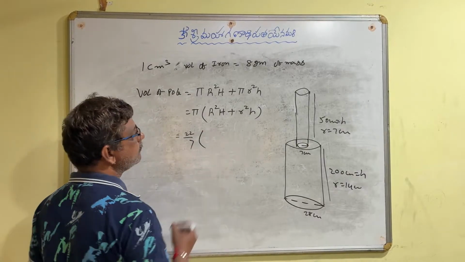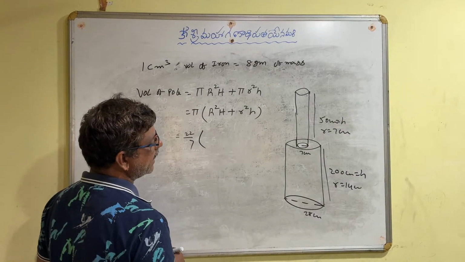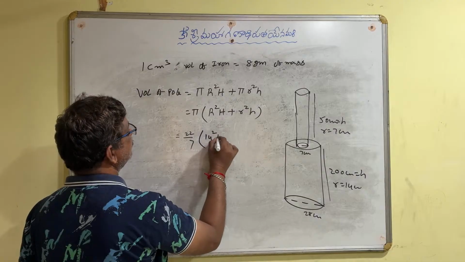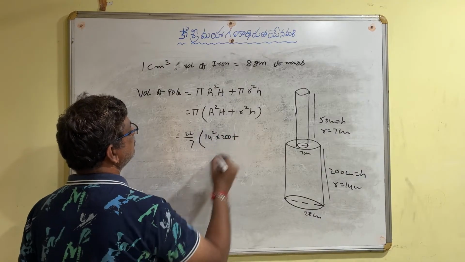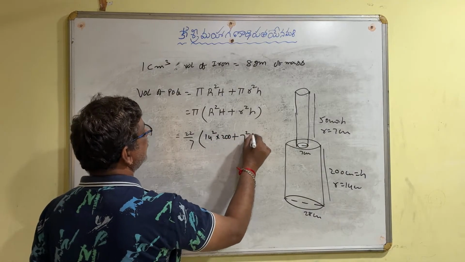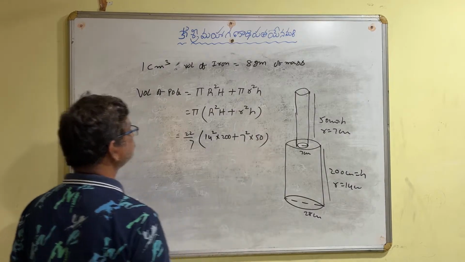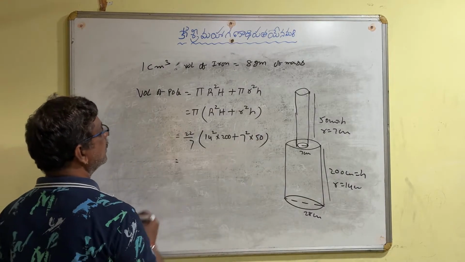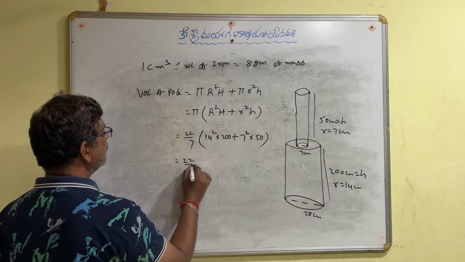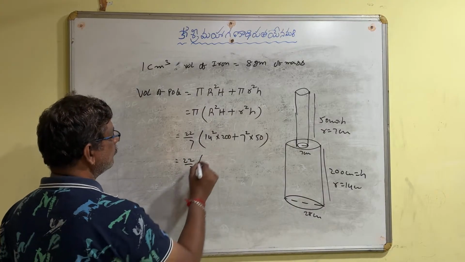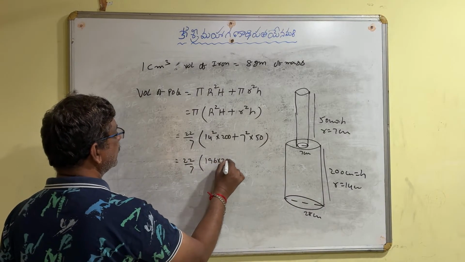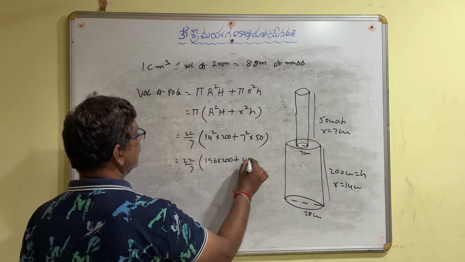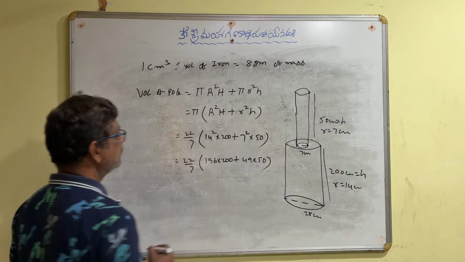Into R square, that is 14 square into 200 plus 7 square into 50. 22 by 7 into 196 into 200 plus 49 into 50.